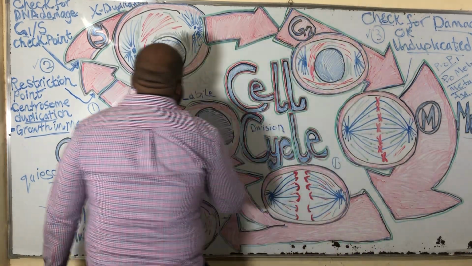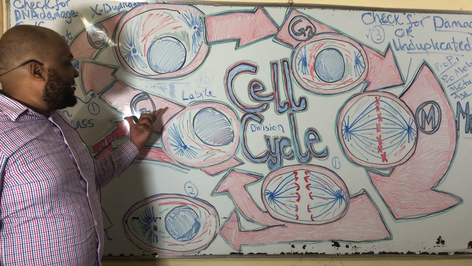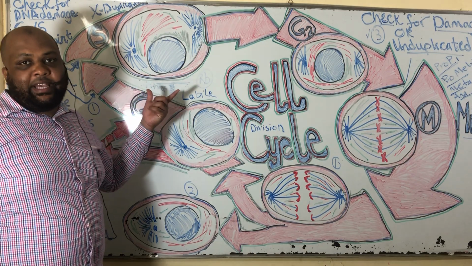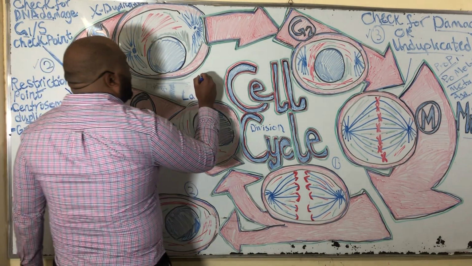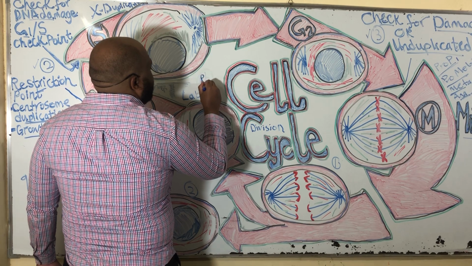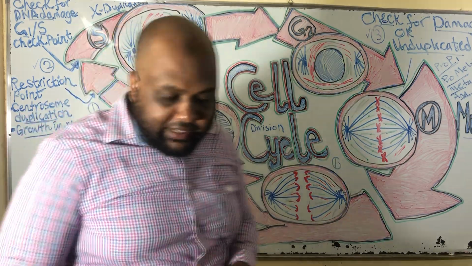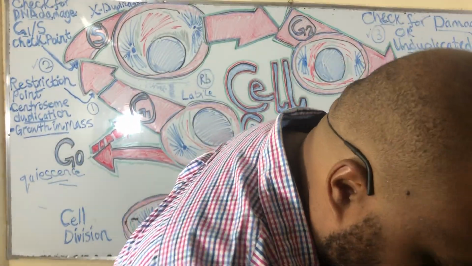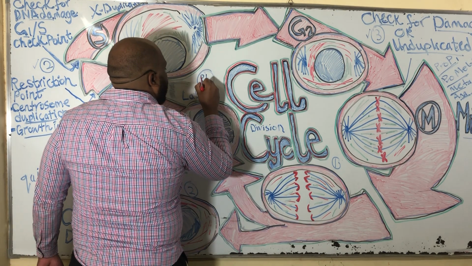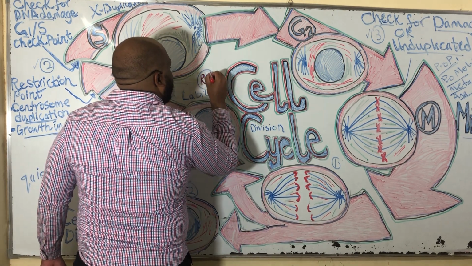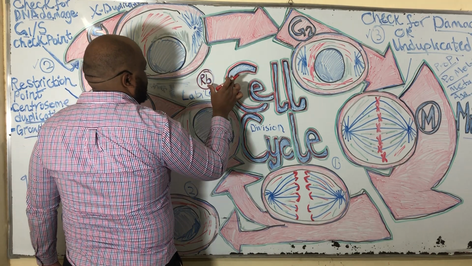Cells do not move from one phase in the cell cycle to the other simultaneously. It needs important proteins such as the RB protein. The RB protein is a protein that needs to be phosphorylated, and it is a protein that pushes the cell from one phase to the next phase.